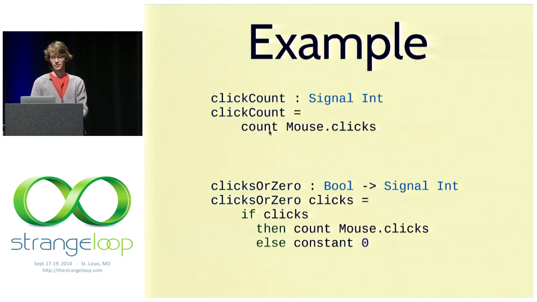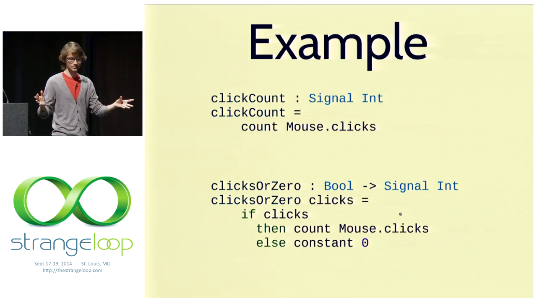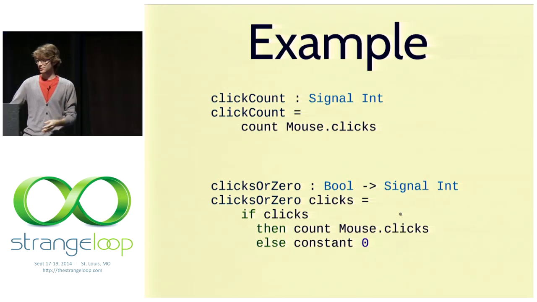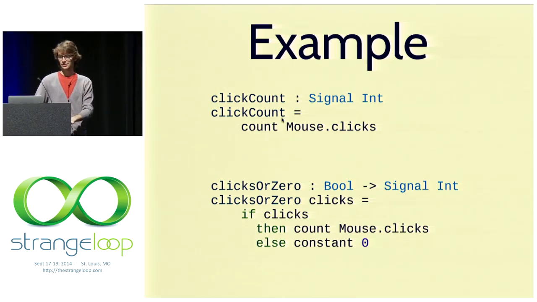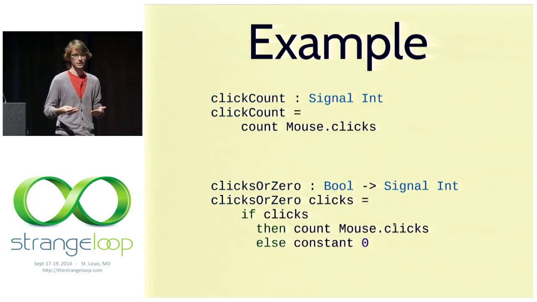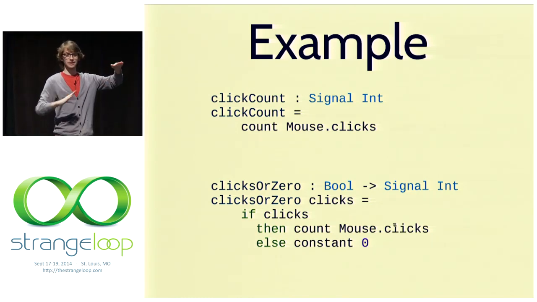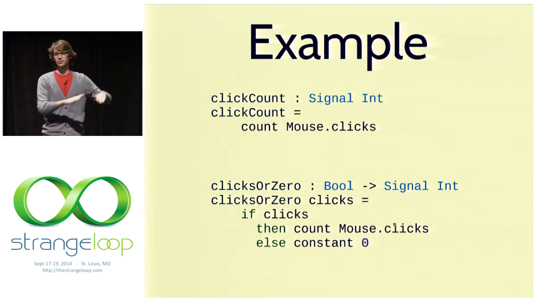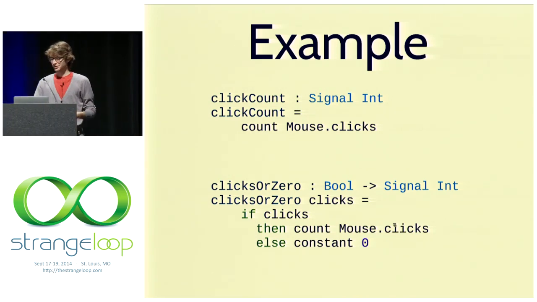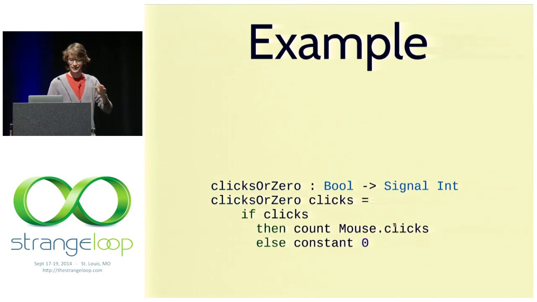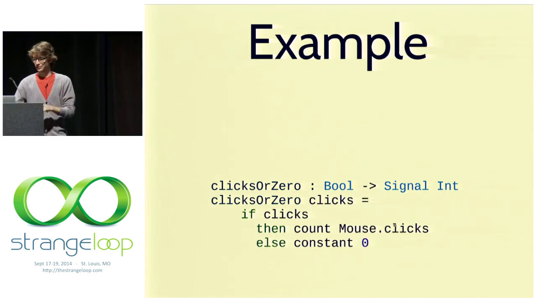If you look at this code, count mouse clicks, and this code, count mouse clicks, they're the same expression. So it should be possible to replace this variable with click count and have the same behavior. So essentially, our behavior is chosen for us. When we get to that point where we go true again, it needs to be at 10. It needs to be the count of the full number of clicks. So where this starts to get crazy is, let's say no one defined that, but they wrote this program.